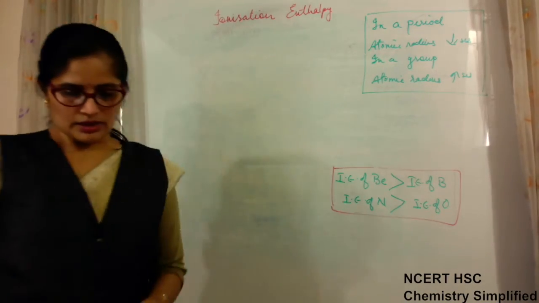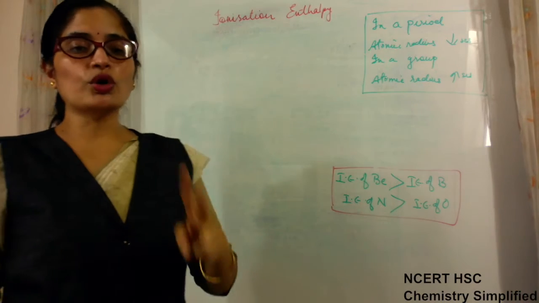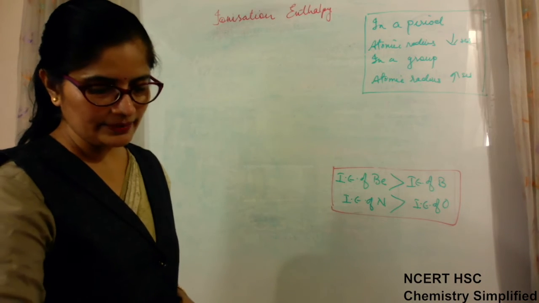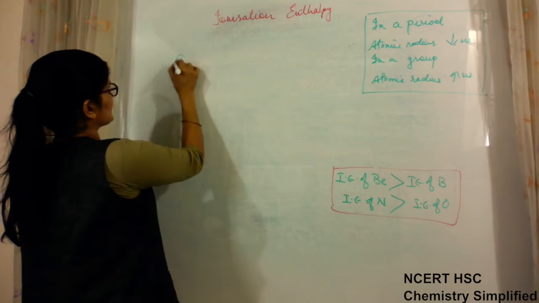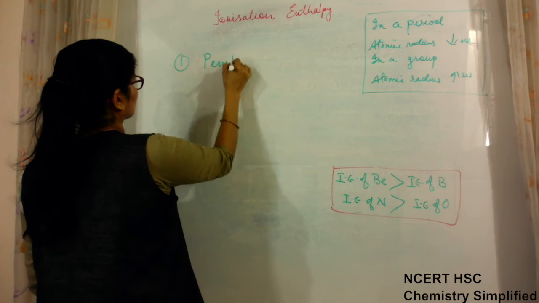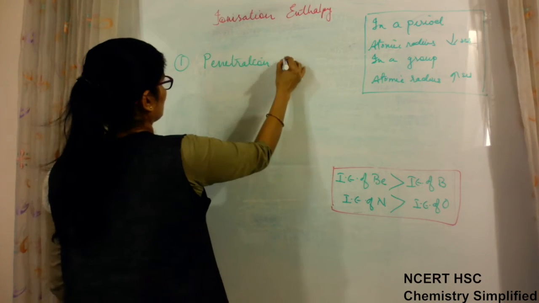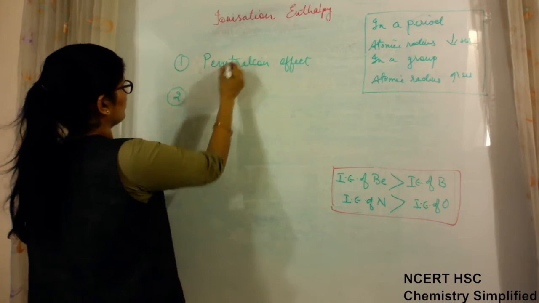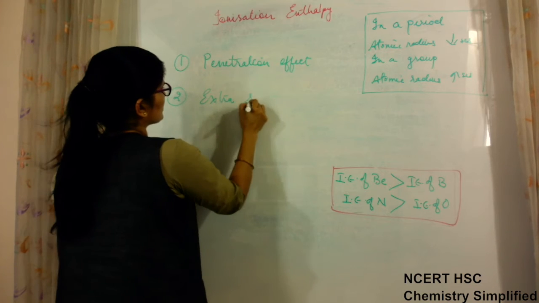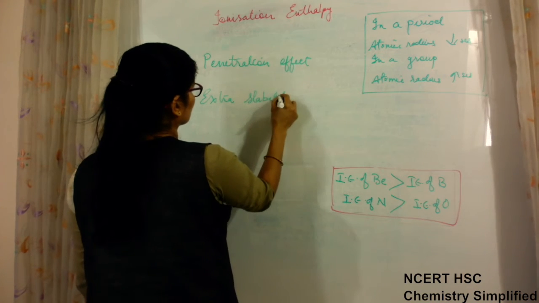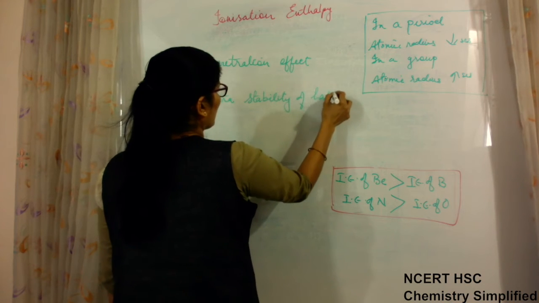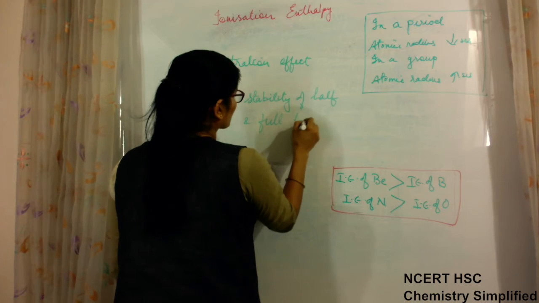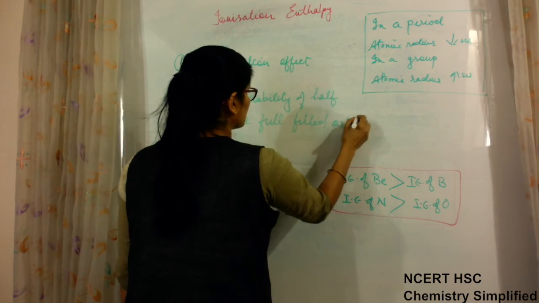Okay, now two more factors will come into action to understand this. What are those two more factors? This we'll see. The first factor is penetration effect, and the second factor is extra stability of half-filled and full-filled orbitals.